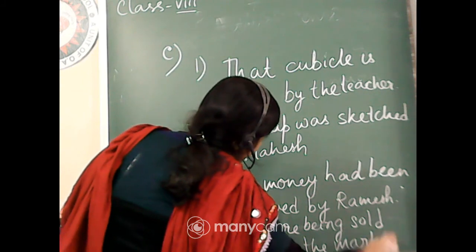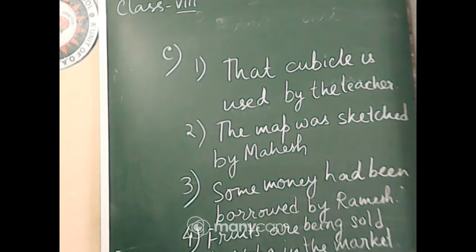Done? Okay, let me discuss number 5 to number 8. Ramu was growing apples in the orchard. Apples were being grown by Ramu in the orchard. Number 6, Dinesh will paint a landscape.